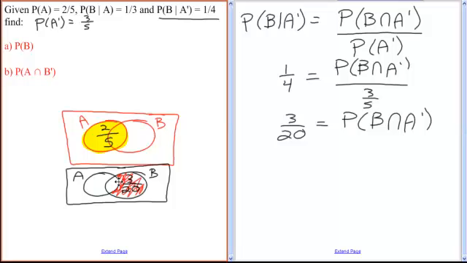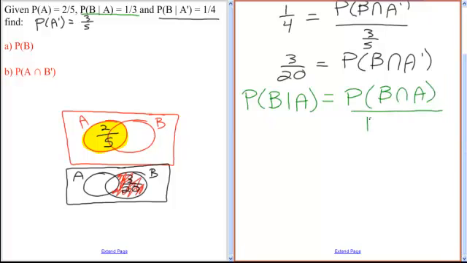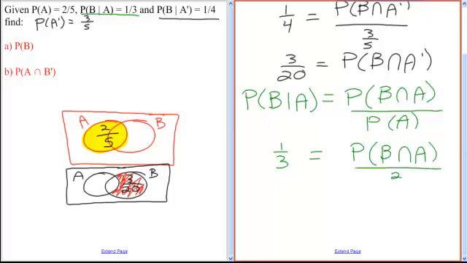So the next thing I'm going to do is use the other piece that they tell me up here. The probability of B given A is 1/3. So the probability of B given A is the probability of B's intersection with A divided by the probability of A. So the probability of B given A, they tell us, is 1/3. The probability of their intersection we don't know. And the probability of A occurring is 2/5.